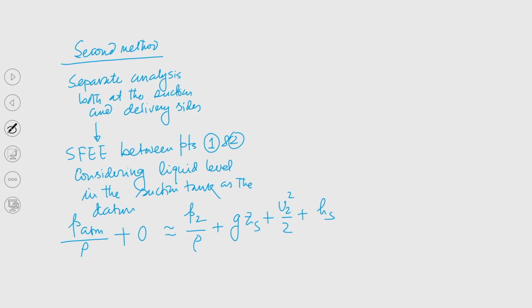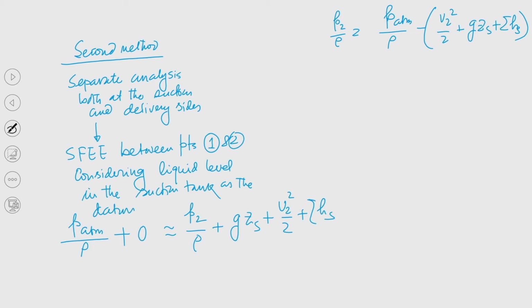So from this we can write P2 by rho equal to P_ATM by rho minus V2 square by 2 plus g Zs plus summation of Hs. Let us put a summation symbol over here. This is very important.